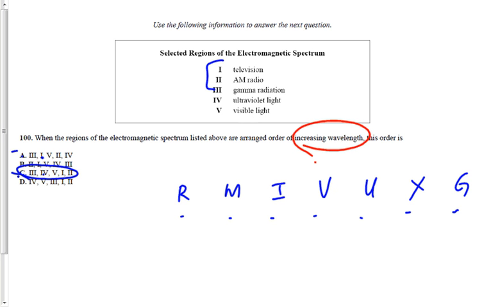Now, one of them has a frequency that's higher than the other, but in the end, we didn't need to distinguish between those two for this question. If we were to distinguish, we'd have our AM radio waves with a lower frequency, and our television with a higher frequency, although you didn't need to know that. All right, one more multiple choice question that I want you to do here.